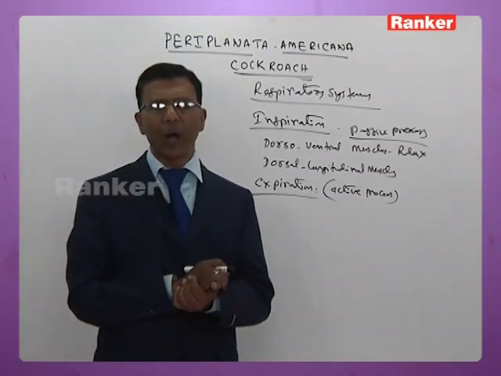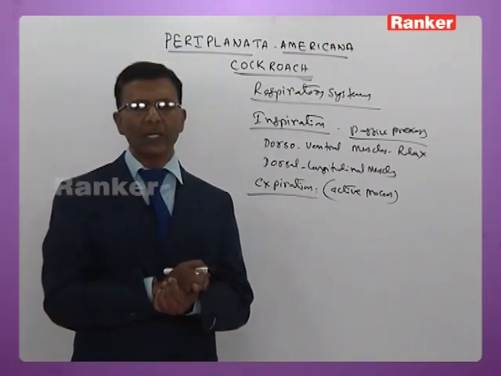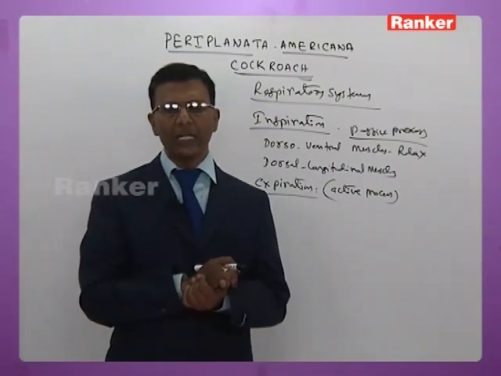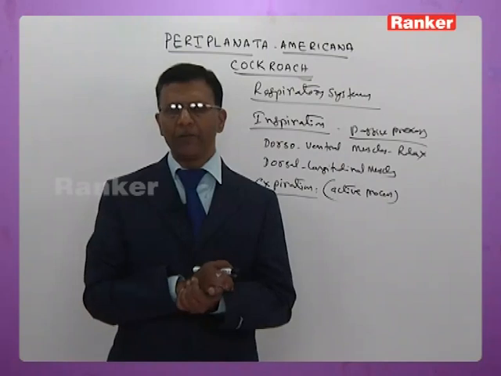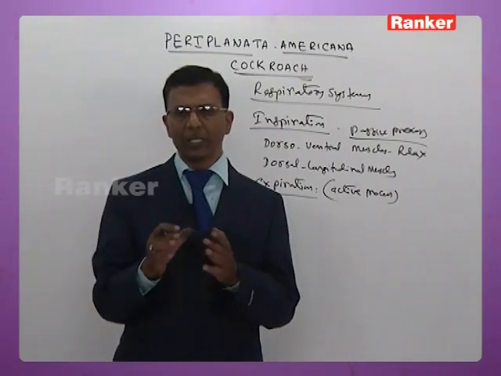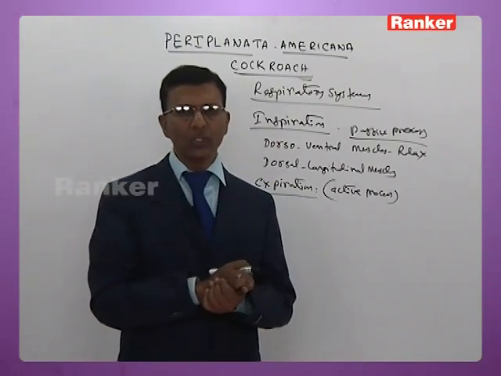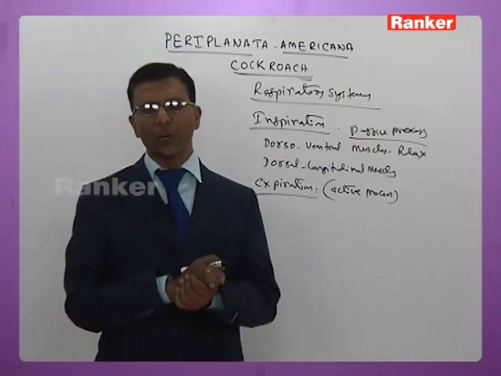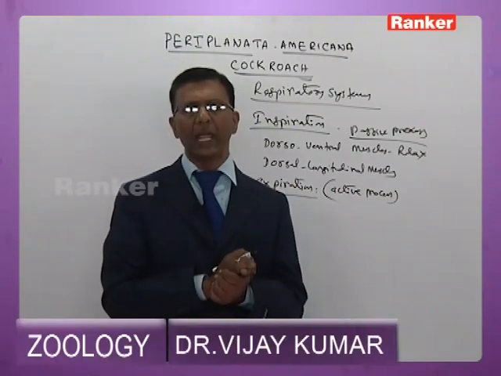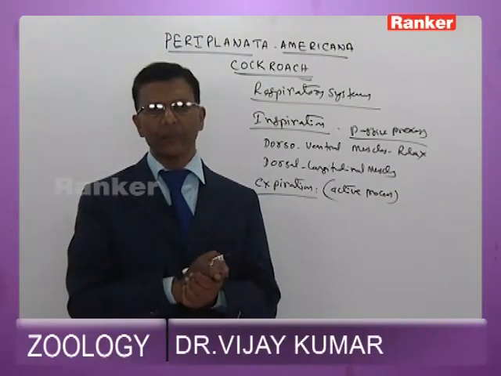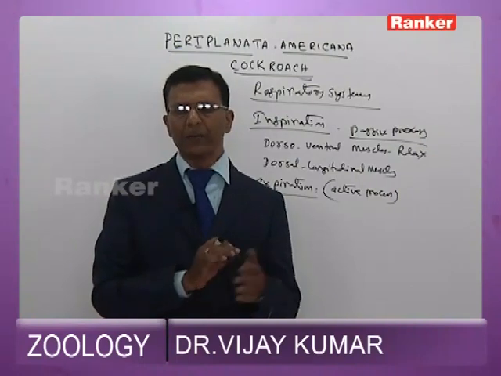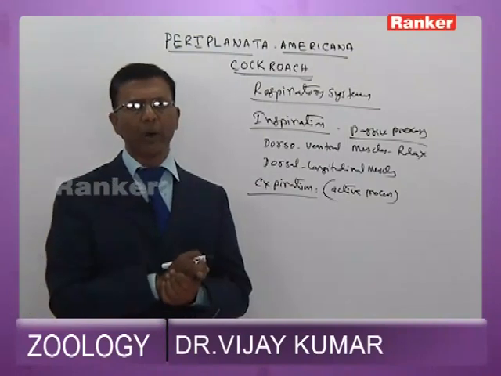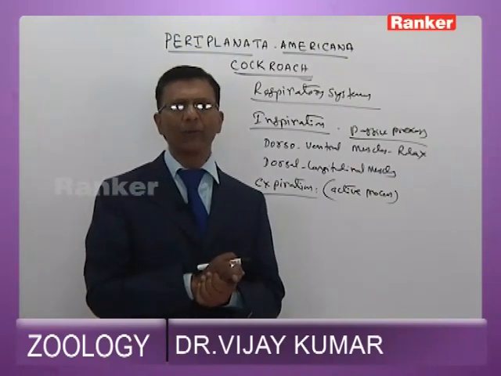So, in order to conserve water, the cockroach exhibits discontinuous respiration, wherein prolonged inspiration is interrupted by brief periods of expiration during which the spiracles remain closed, and 90% of the CO2 goes out through the arthrodial membrane, which acts as a semi-permeable layer and prevents loss of water, and only about 10% of CO2 goes out through the abdominal spiracles, playing an important role in conservation of body fluids.